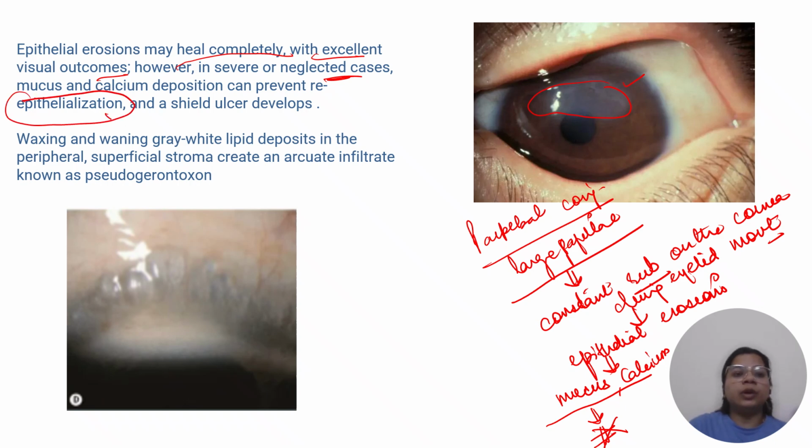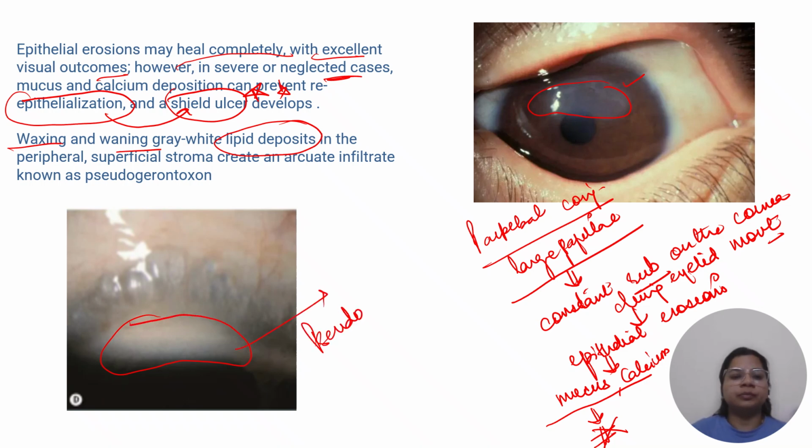If there is no epithelialization, it will lead to shield ulcer formation, which is very important. Due to this waxing and waning, there are lipid deposits in the peripheral superficial stroma in an arcuate pattern, which is known as pseudogerontoxon.